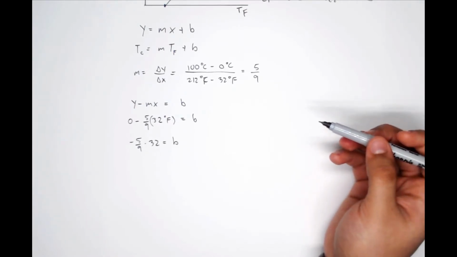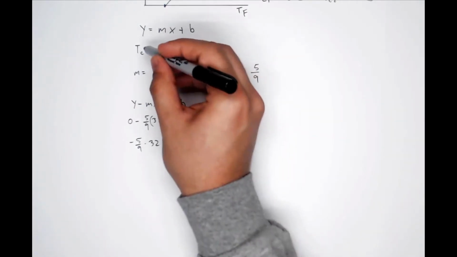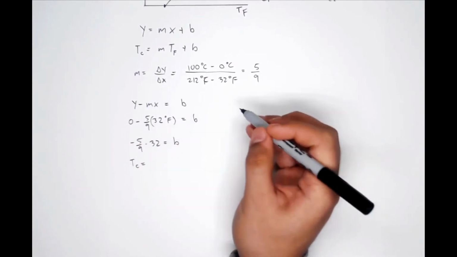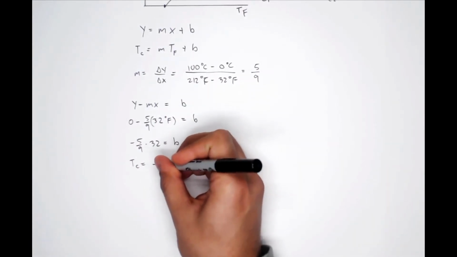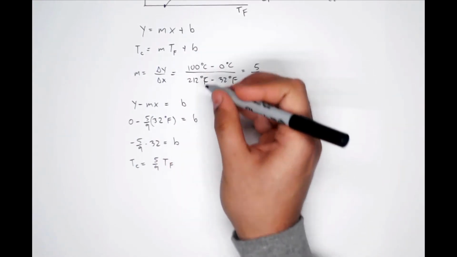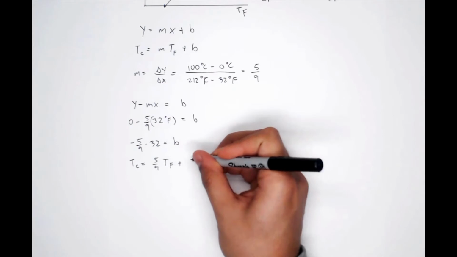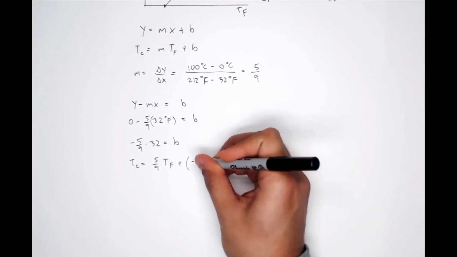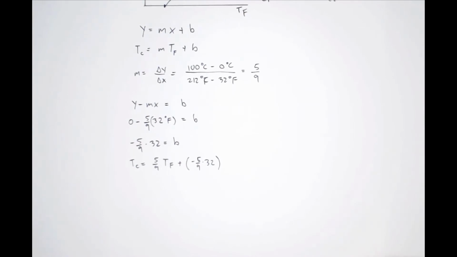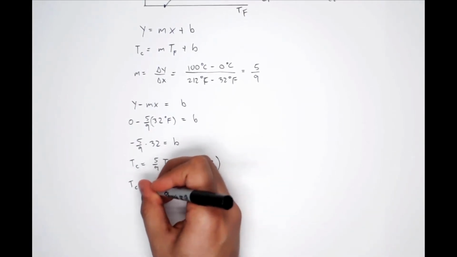Okay, so we can now come back to the original equation here, this TC equation. We'll say TC is equal to our slope m, which is 5/9, times whatever Fahrenheit temperature we have, plus the intercept, which is now minus 5/9 times 32. And we can see that the 5/9 is appearing in two places, so we can factor that out.